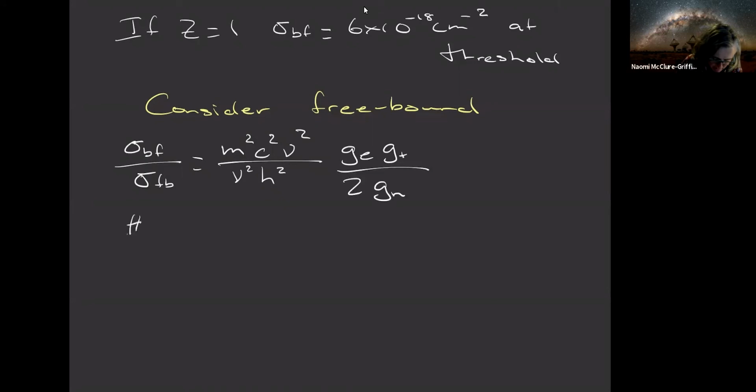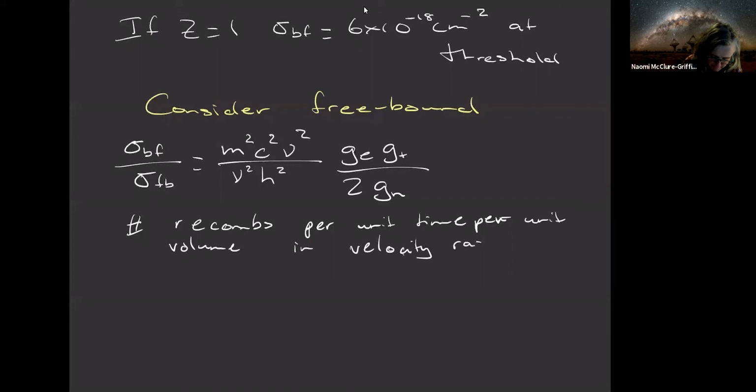And that presents the number of recombinations. It allows us to figure out the number of recombinations per unit time, per unit volume, in a velocity range dV.